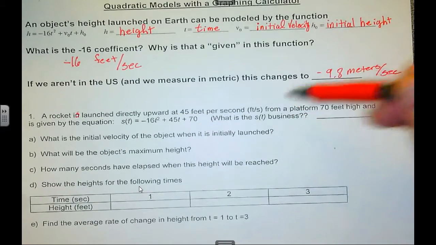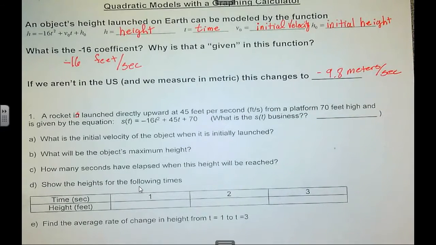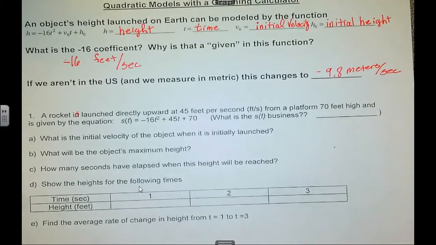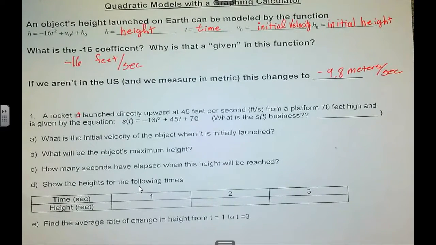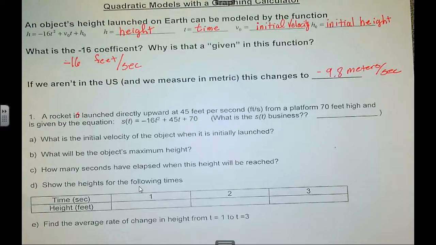Okay, what is the S of t business? I have no idea what that is. A, what is the initial velocity of the object when it is initially launched? 45.